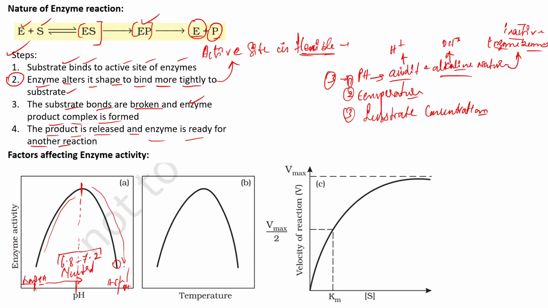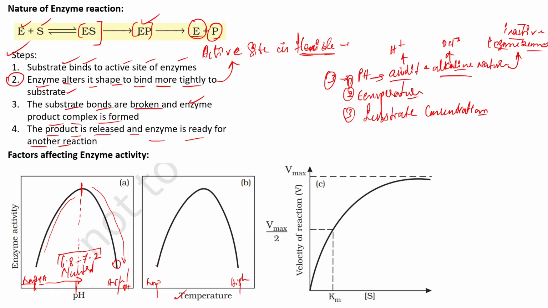This is because the enzyme is destroyed, or the catalytic ability of the enzyme is completely lost. Similarly, the same kind of graph is observed in the case of temperature too. This is very low temperature, and at this point we have the high temperature.